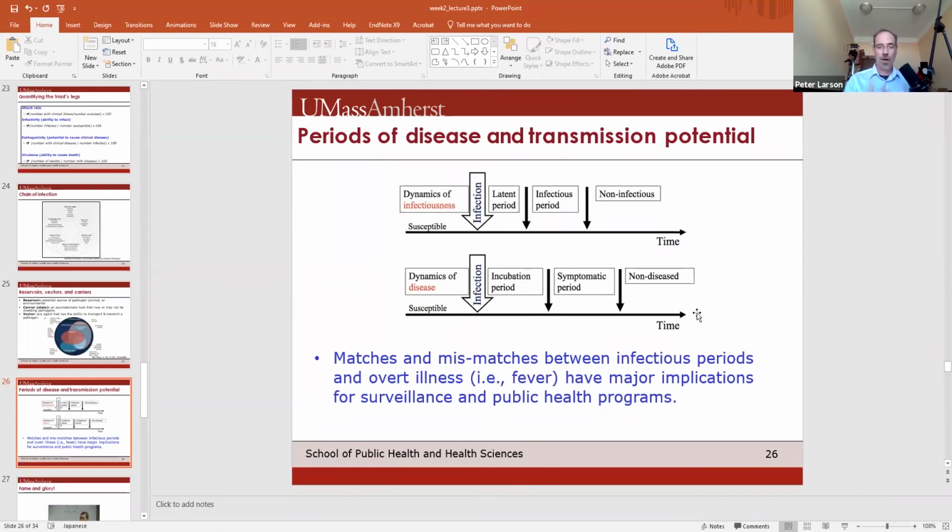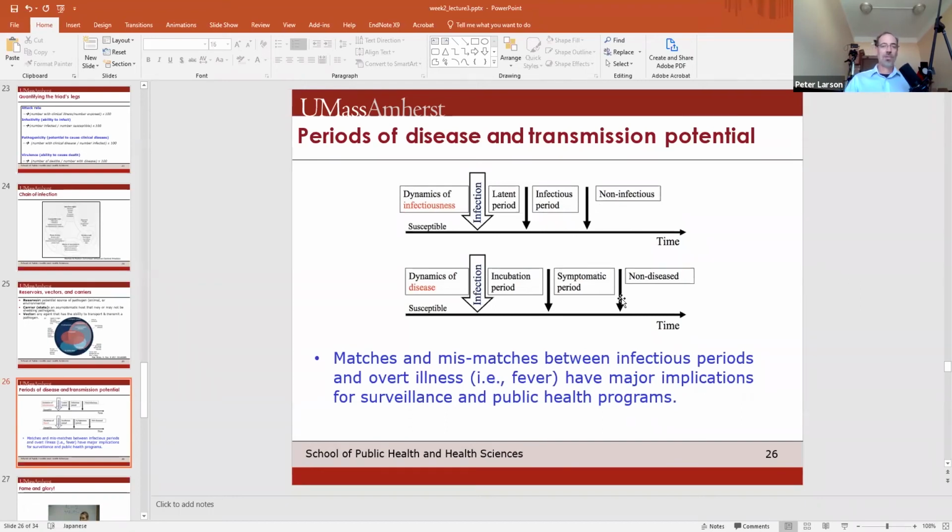And again, not all infections are recoverable. HIV is again an example of this. So there are mismatches and matches between these two scenarios. Sometimes the incubation period can be longer than the latency period. Sometimes the symptomatic period can extend past the point where people are infectious.